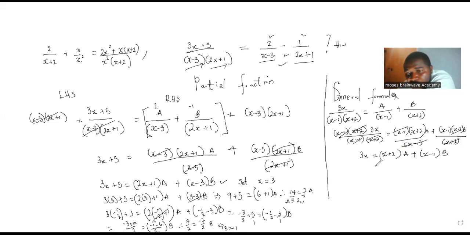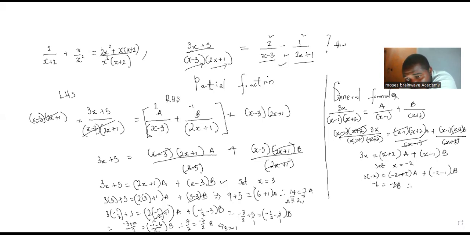So we can also set, let's say, x to be equal to minus 2 over here. So you have 3 into minus 2. I want to eliminate A, that's why I did that. So I have minus 2 plus 2 of A plus minus 2 minus 1 of B. So I have minus 6 is equal to A is gone, is equal to minus 3B, right?